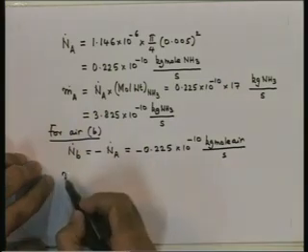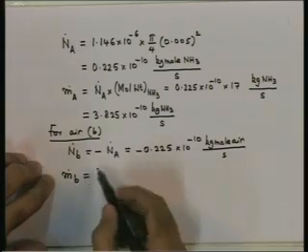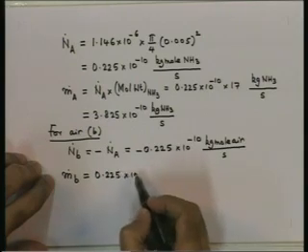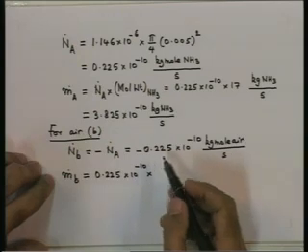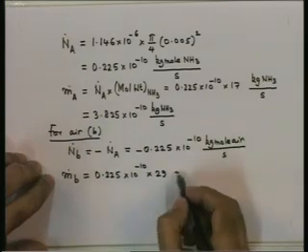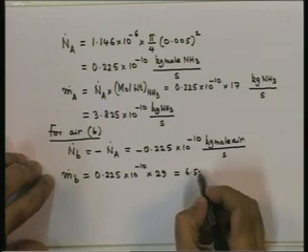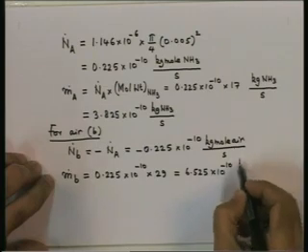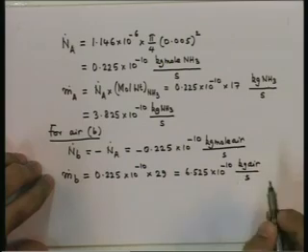So, the rate at which mass of air leaks in, I will not write the negative sign, will be 0.225 × 10^-10 multiplied by the equivalent molecular weight of air, which is 29, and this turns out to be 6.525 × 10^-10 kilogram of air per second.